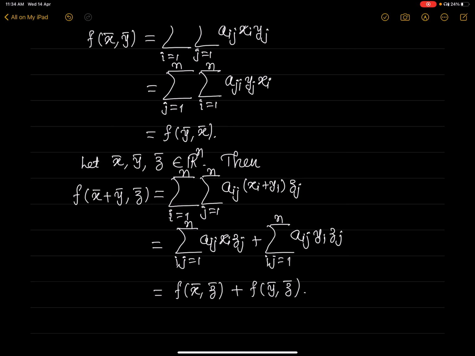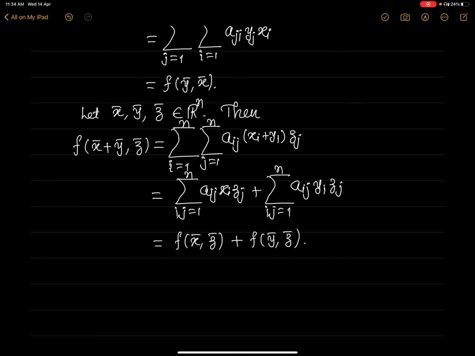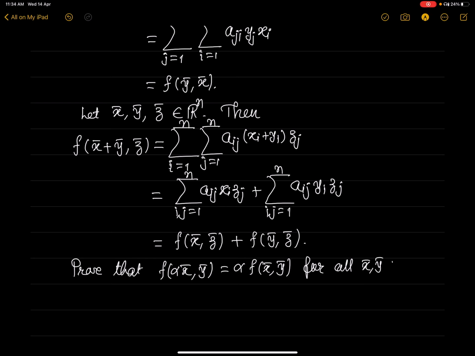Right. And similarly, you can show linearity in the other argument, so you can just prove it. That is much simpler. Prove that f of alpha x bar, y bar is the same as alpha times f of x bar, y bar for all x bar, y bar in R^n and real alpha.